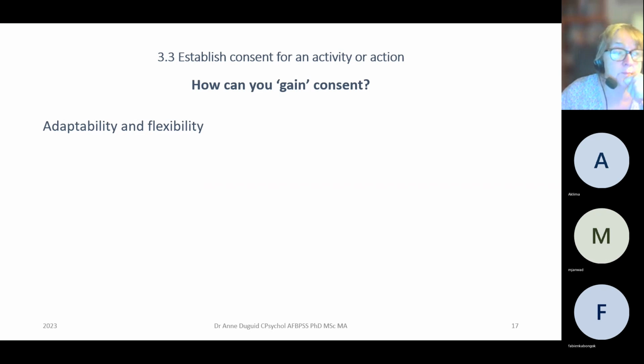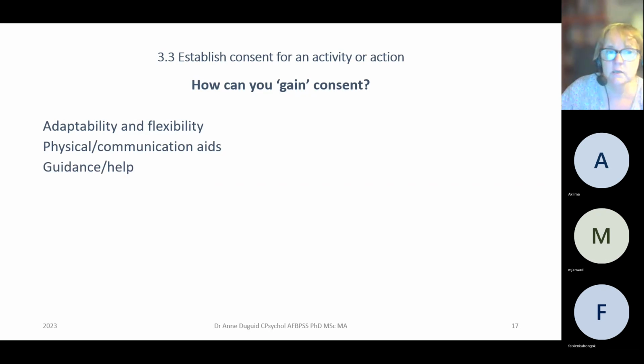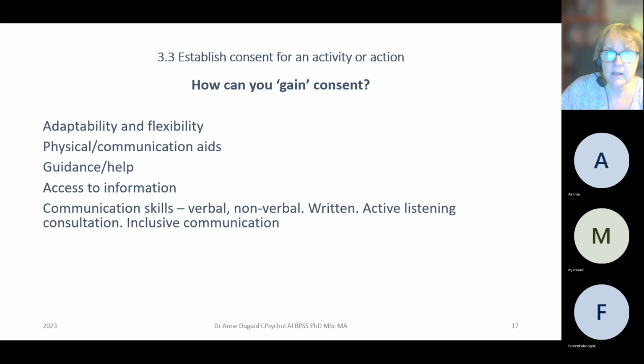Maybe you give examples, maybe you show them, give them video links, maybe you get them to speak to other people. It's really about being adaptable and flexible because you're meeting the person where they are, using physical communication aids, giving guidance and help, and access to information.